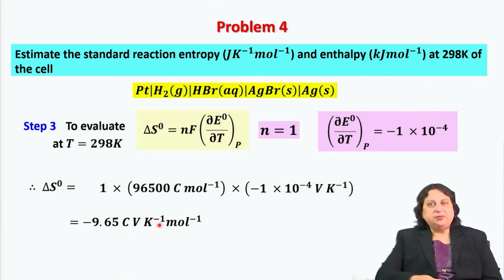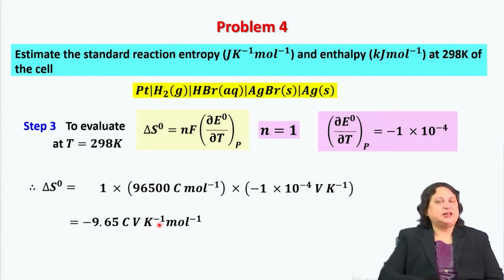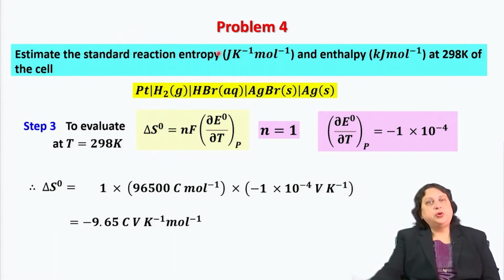But there is some more simplification that is possible over here, and can you tell me what that is? I look back and see that my question requires me to report the value of standard reaction entropy in joules per Kelvin per mole. And what is it that I have got over here?